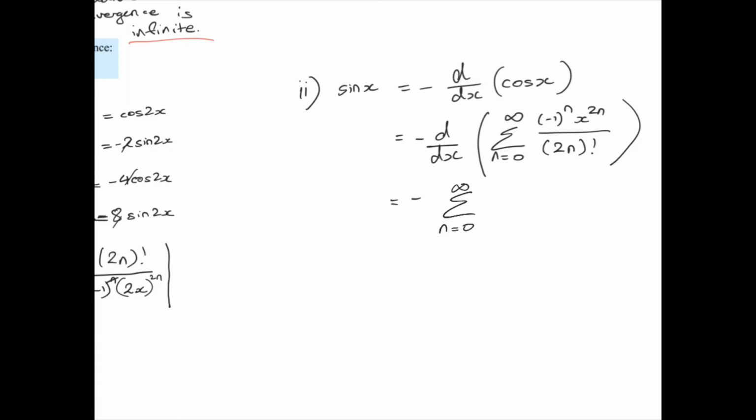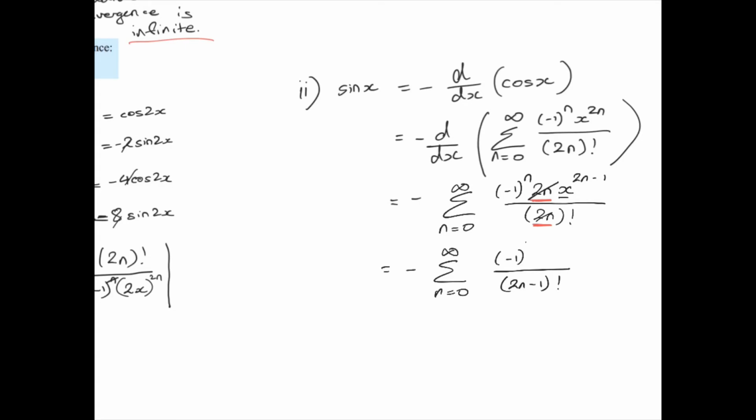We're just differentiating, so what are we going to do? -1 to the n, 2n times x to the -1 over 2n factorial. That's okay, it's all good. Have a look here and here. Anything you notice? Yes, so if I cancel this with the 2n in there, what's actually left on the bottom? 2n minus 1. Nice. And then on the top, it's just this.